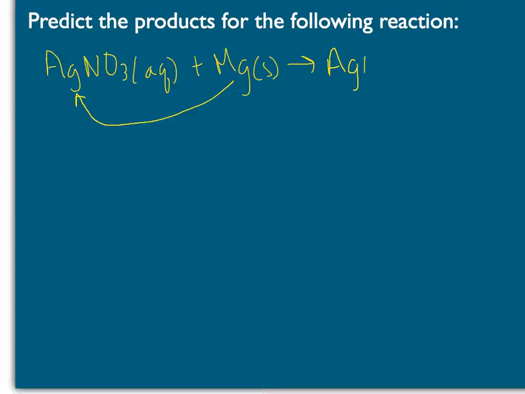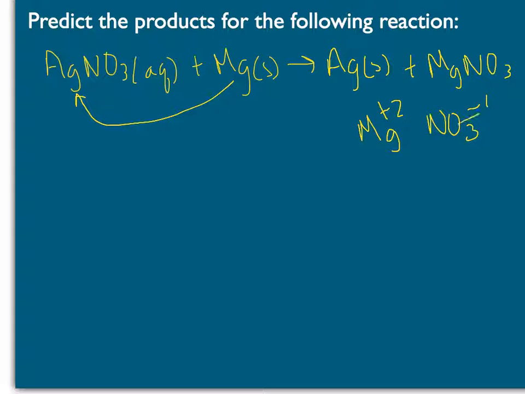Silver will end up by itself, and it'll be a solid. And magnesium will end up joining nitrate. Now, anytime we write a compound, we always have to do charges. So we actually need to go, okay, Mg is +2, nitrate is -1, and switch it. So we get Mg(NO3)2.